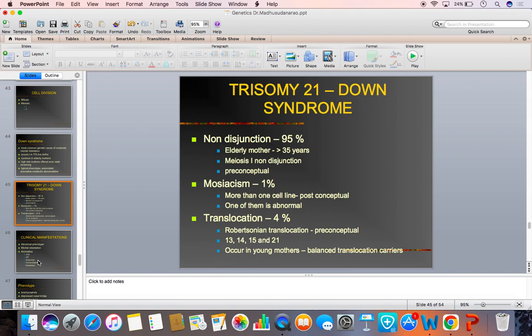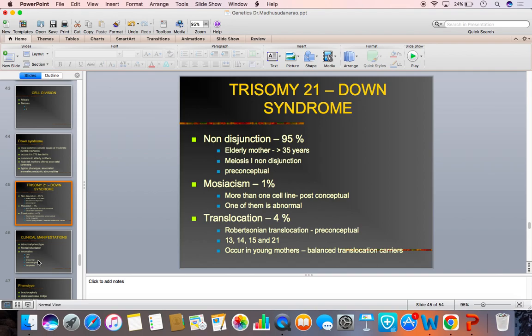It is preconceptional. Okay? That means when the ovum is being formed, the ovum with the additional genetic material gets fertilized by the sperm with haploid number of chromosomes.